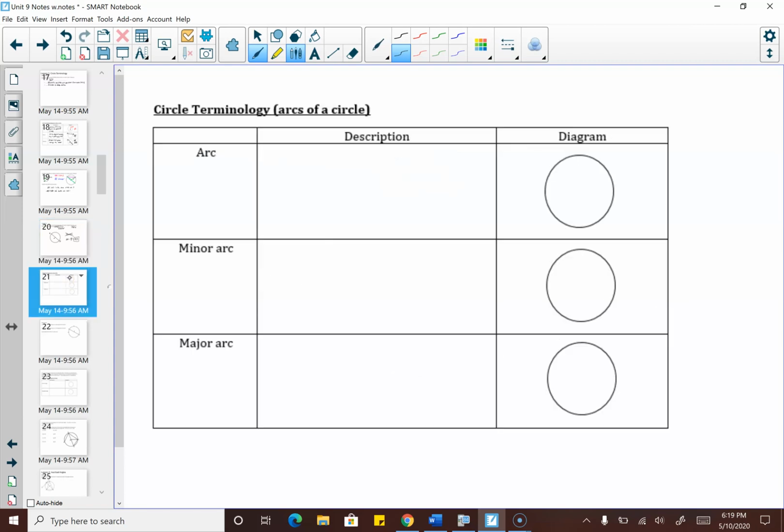A couple more vocabulary words. Arc. Arc is the distance between any two points on the circle. So A and B, that distance around the outside is going to be our arc.